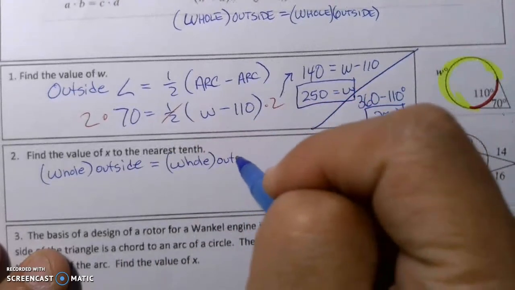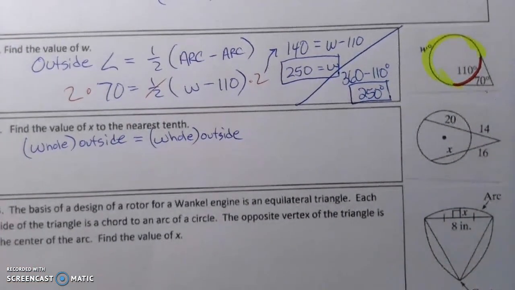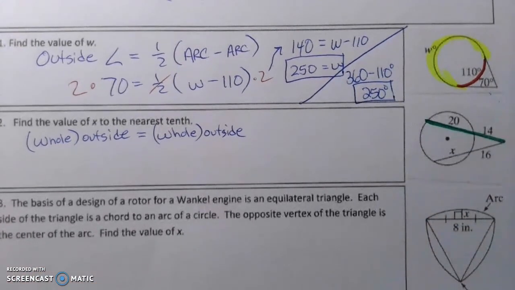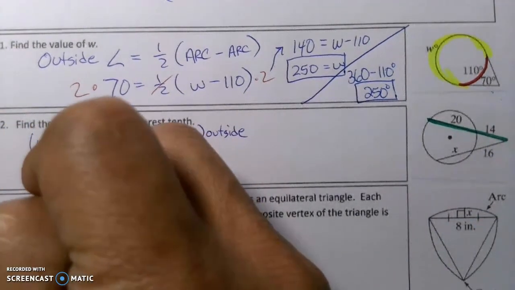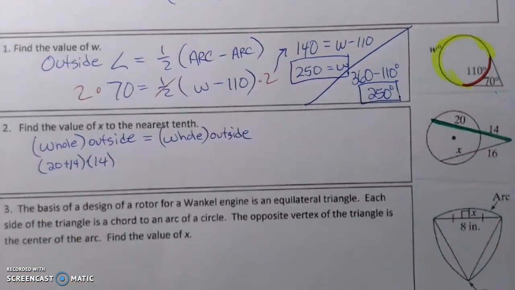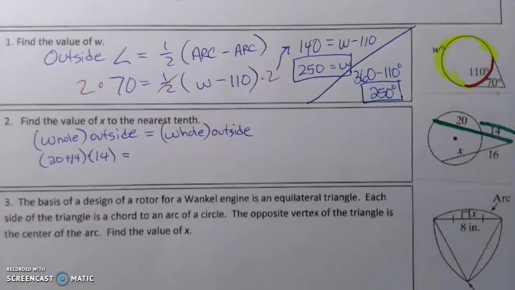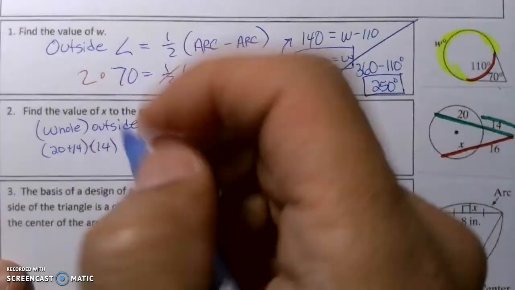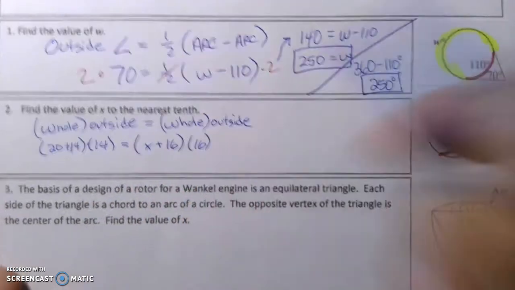All right, so when we look at this picture here, the whole line here in green is going to be 20 plus 14, and then the outside portion will be just 14. So it's the whole line times the outside portion, and then that will equal the other segment here, the whole line in red, which is x plus 16, excuse me, times just the outside portion, which is 16.